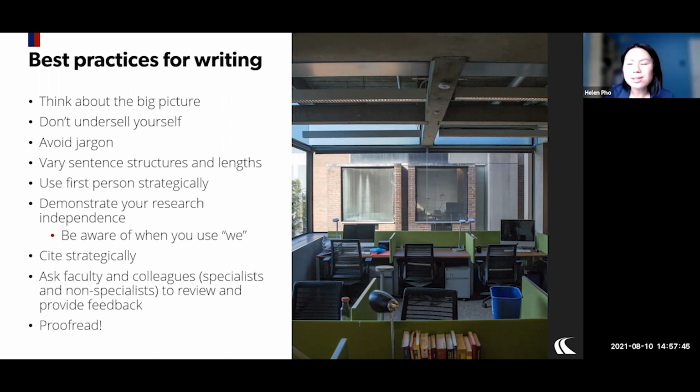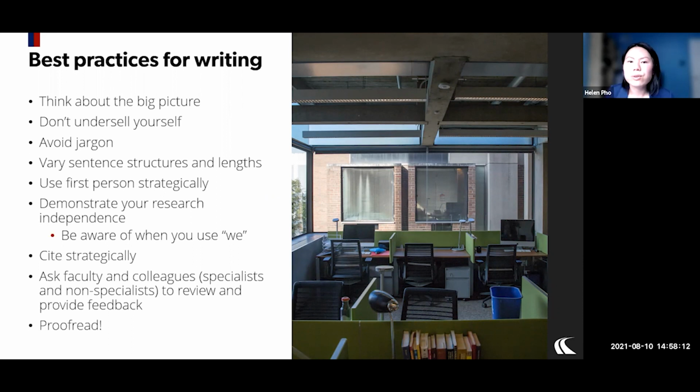I talked about this a little bit earlier, but using first person strategically, particularly for people who are in the STEM fields, it's really important to use the first person pronoun. So using I to clearly explain, this is what I did, right? As a postdoc, or this is what I did as a graduate student, that is distinct from what the whole lab is doing.